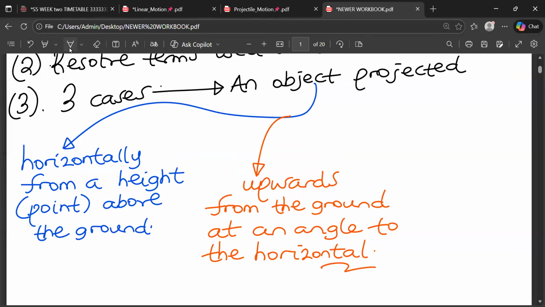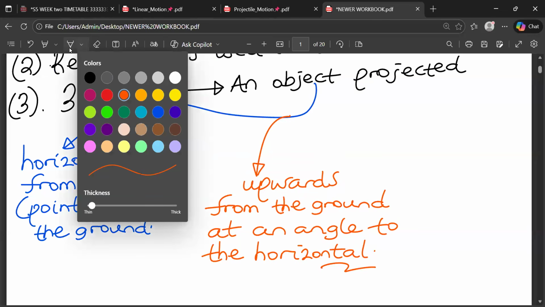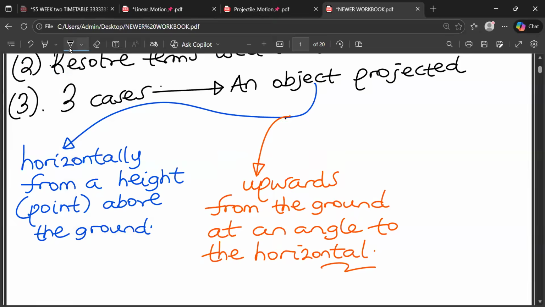Then the other last case is still upwards, but from a certain height from the ground. You get? And that one usually disturbs a lot of people, but we are going to look at all those cases. So there is projecting the body still upwards, but this time round it's from a certain height or from a point above the ground, but still at an angle.